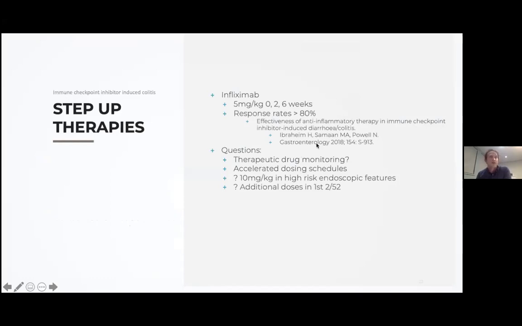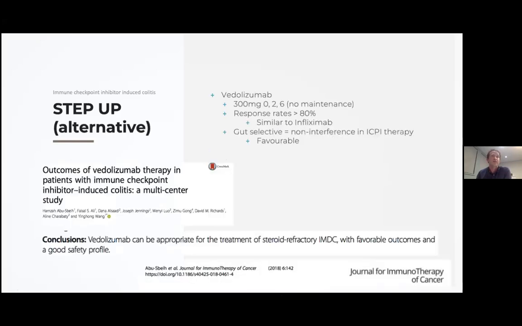There are outstanding questions, especially in more severe patients, about accelerated dosing schedules, higher doses at the beginning, additional doses in the first 2 weeks, and therapeutic drug monitoring. These are open questions, and a lot of the management of this is presently, I think, on institutional best practice rather than on good data.